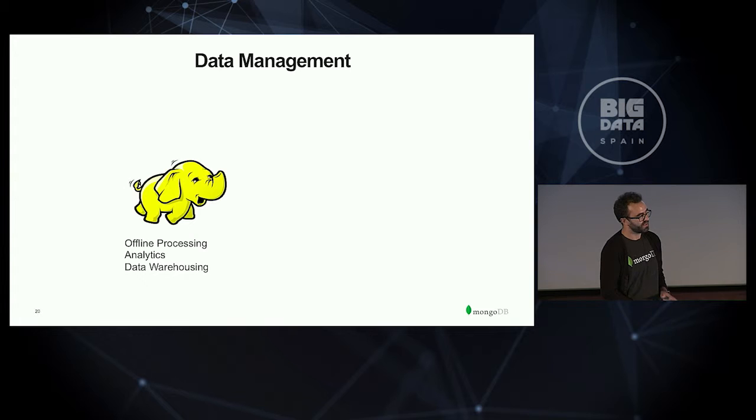If we analyze data management in general, we're going to have these two different workloads that we need to address. On one side, we have the very heavy offline processing, the batch processing, the analytics, the data warehousing workloads. They are very dense, generally measured in not exactly gigabytes, but hundreds of gigabytes or terabytes even.